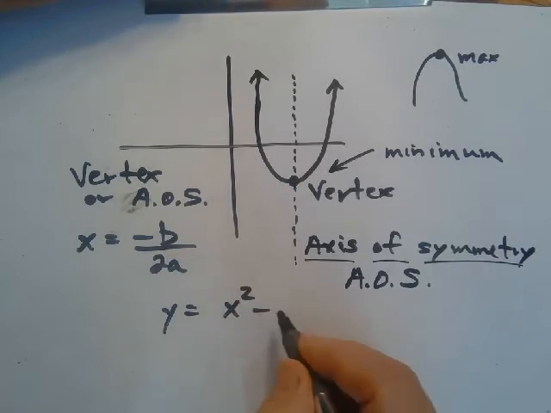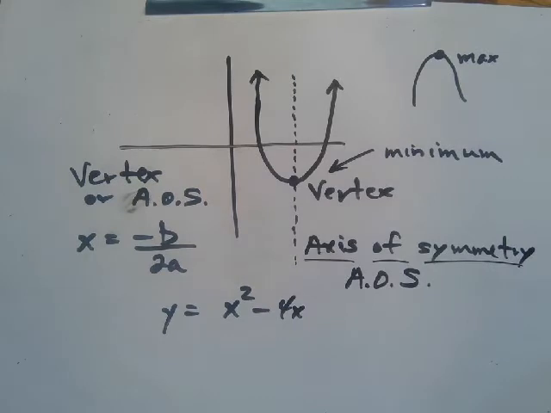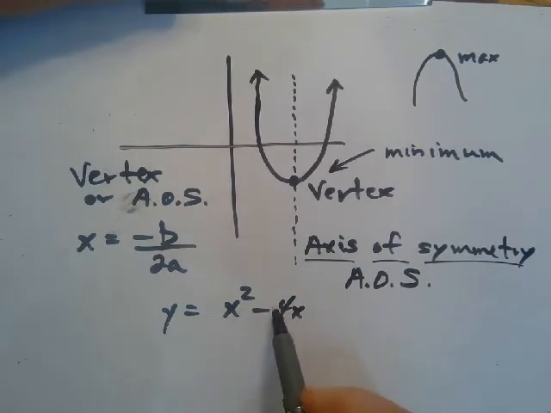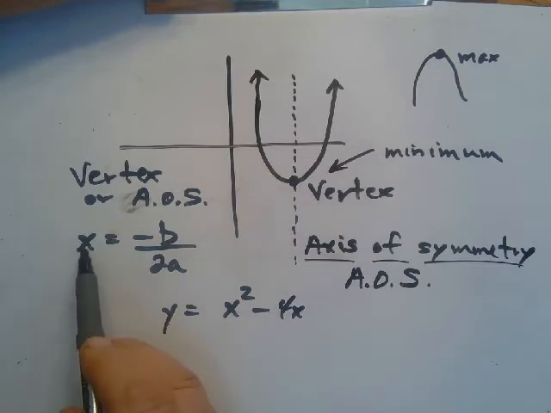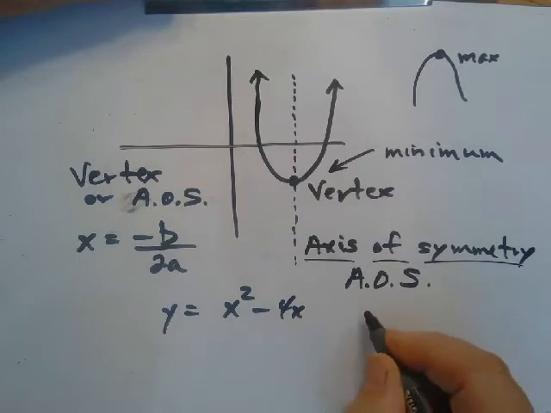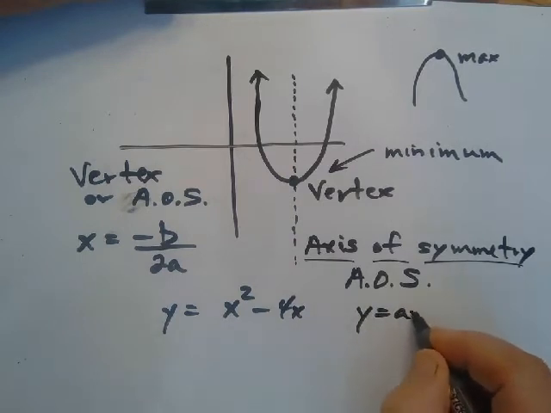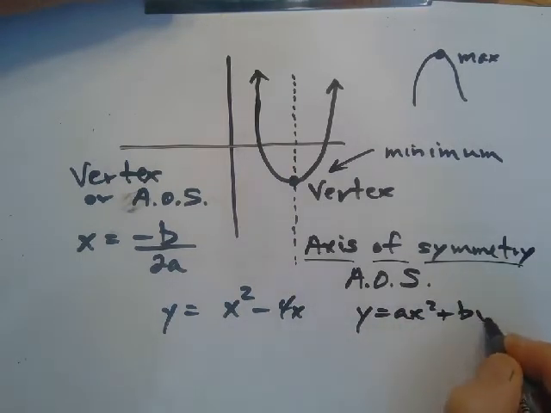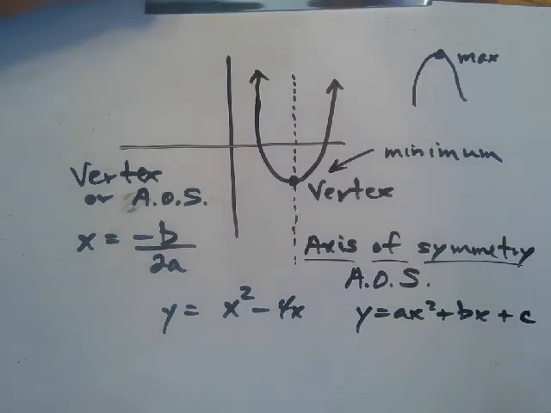So let's take the equation we just had a few seconds ago here, x squared minus 4x, I think it was. And let's go ahead and figure out what the axis of symmetry is, or what's the x-coordinate of that vertex. Now remember that this is ax squared plus bx plus c.